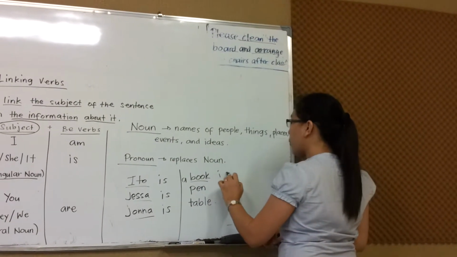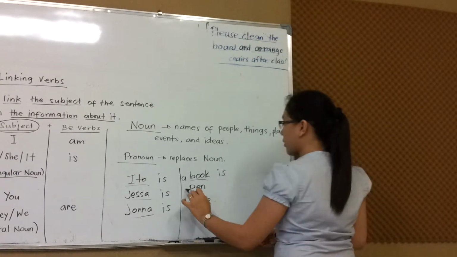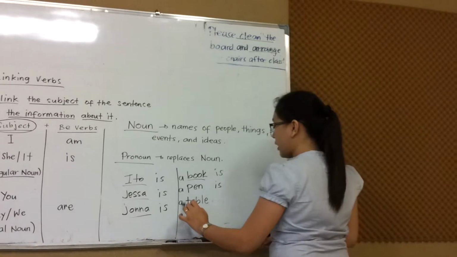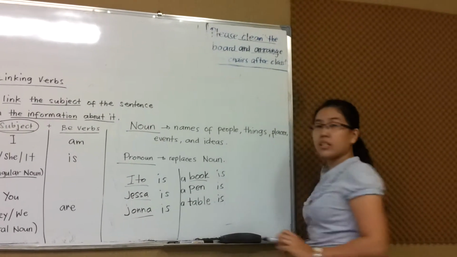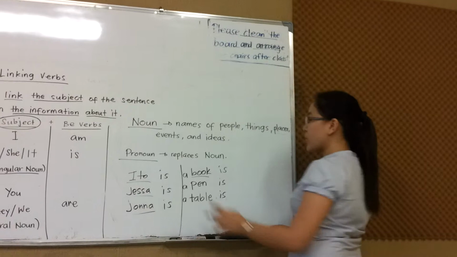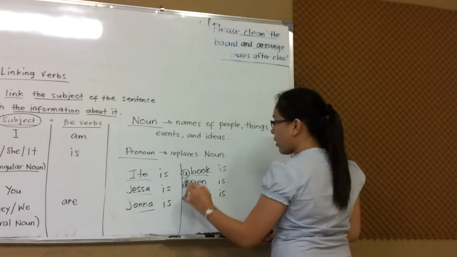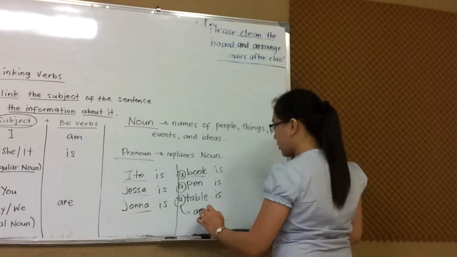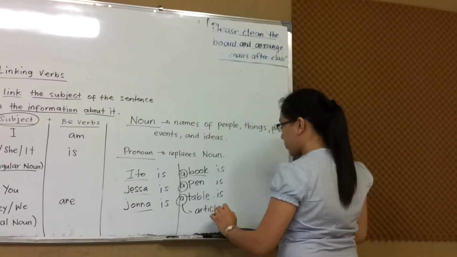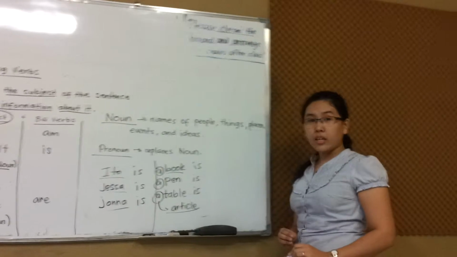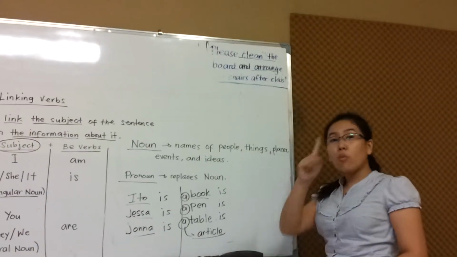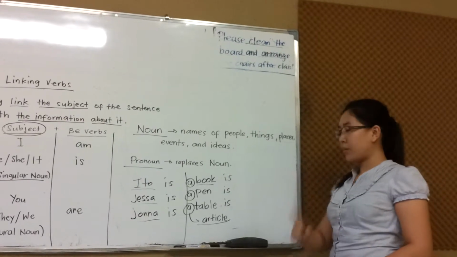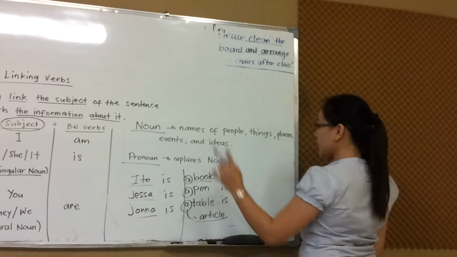So we say a book is, a pen is, and a table is. Alright? So in this case, the use of a here is an article. Okay? So we use a for one thing. Single thing. Singular. Alright?